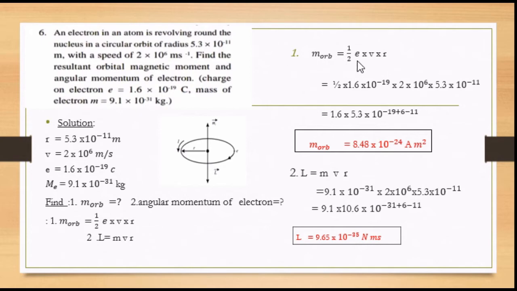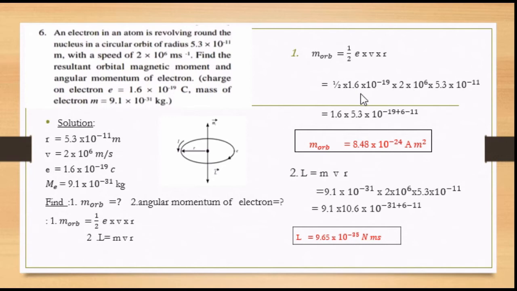Put the value of e, put the value of v, and put the value of r. It is 1/2 into e, having the value 1.6 × 10^-19, v having the value 2 × 10^6, and r having the value 5.3 × 10^-11. Now we have to cancel these two with this one. So these two and these two get cancelled.